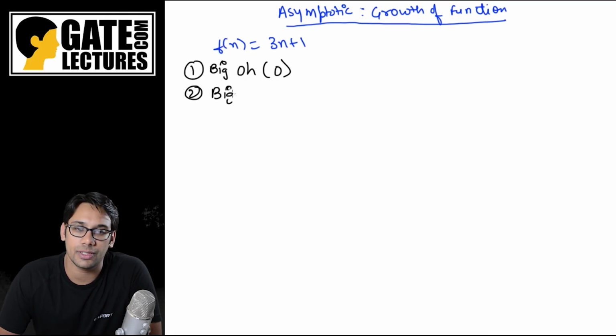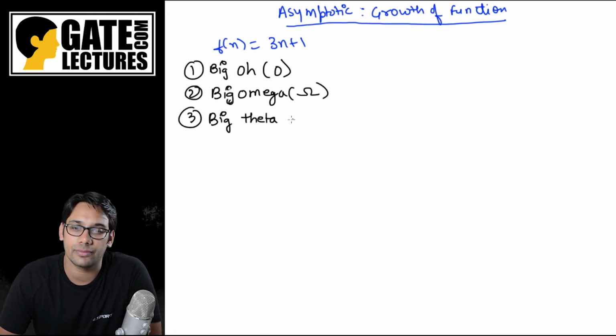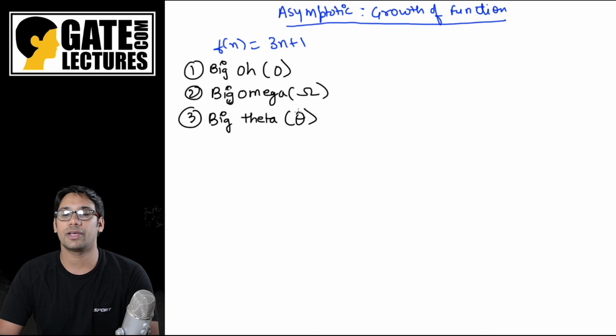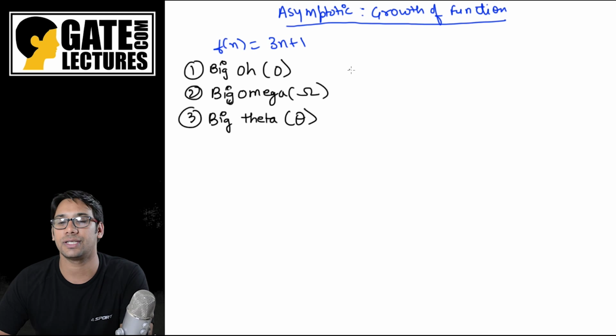And the third is the big theta notation. So we majorly use these three asymptotic notations: big O, big omega, and big theta. Let us see all these three notations.